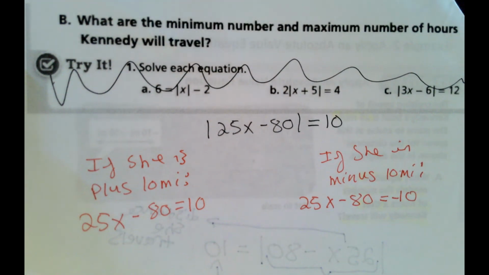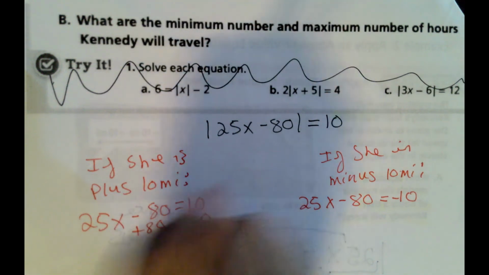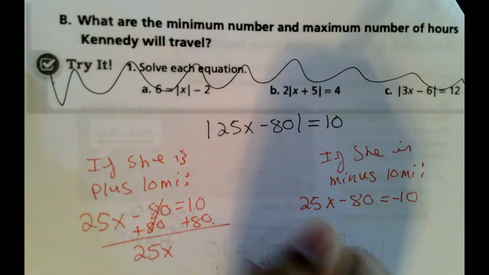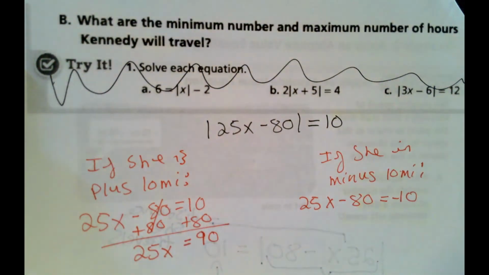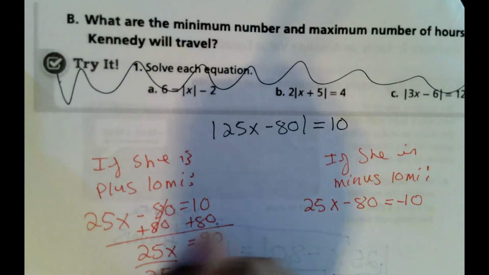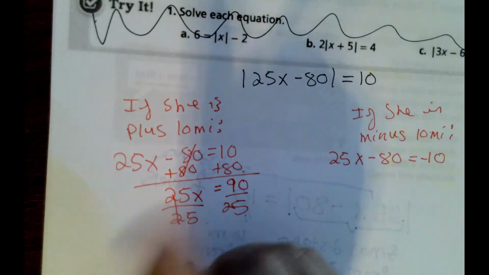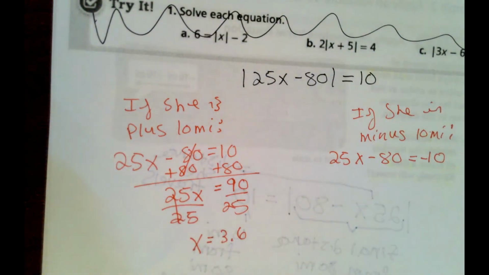Now all we have to do is solve this like a normal absolute value equation, not inequality, my bad. We're going to add 80 on both sides. Bring down our 25x. It's going to be set equal to 90. We're going to divide by 25. And if we type 90 divided by 25 on our calculator, we get 3.6.